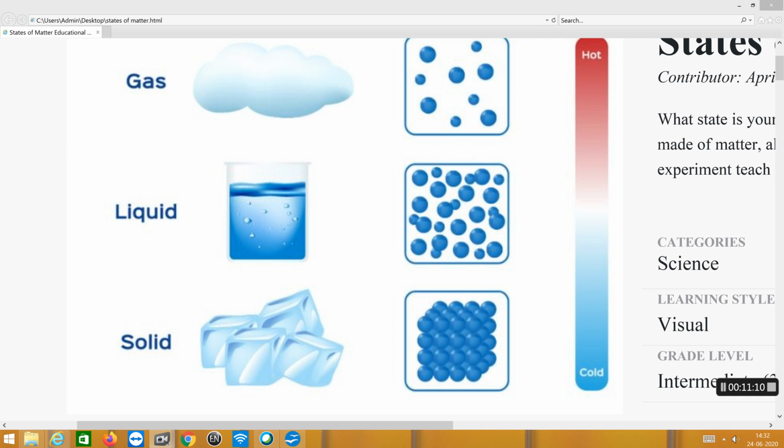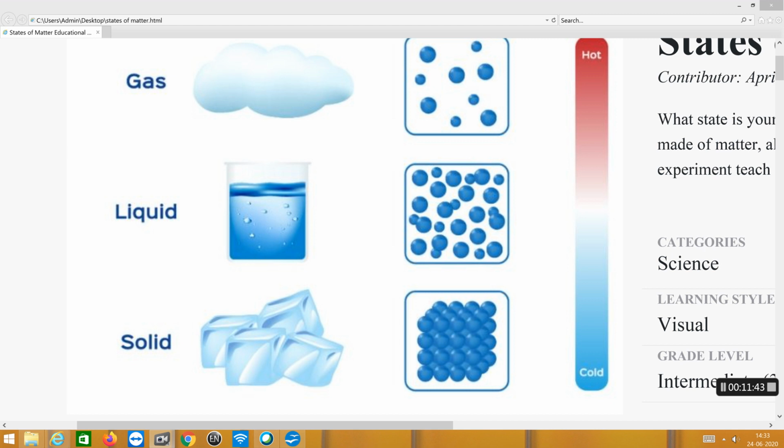The process of change of a substance from solid state into liquid state on absorption of heat at a particular temperature is called melting or fusion. That means the process of converting solid to liquid is called melting. And the temperature at which solid changes to liquid is called the melting point.